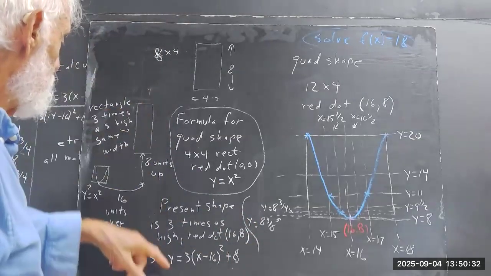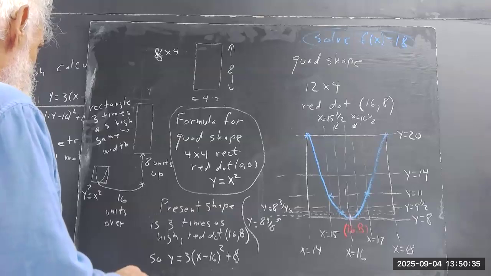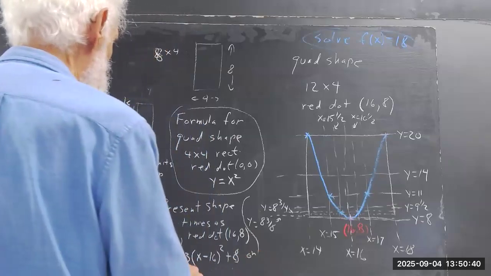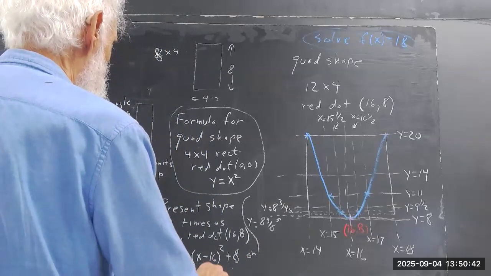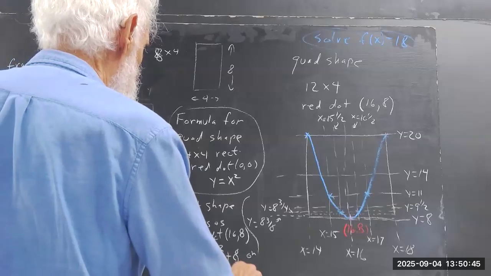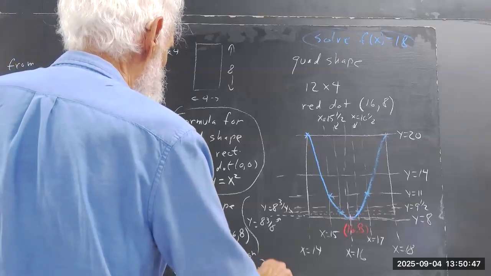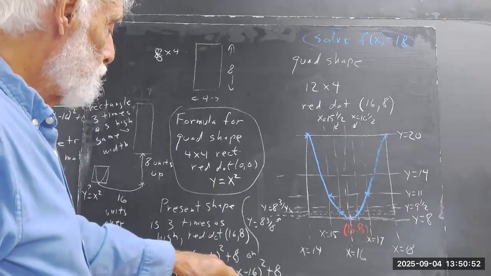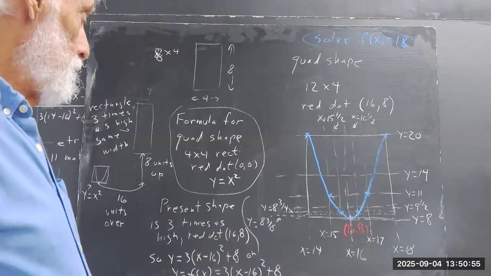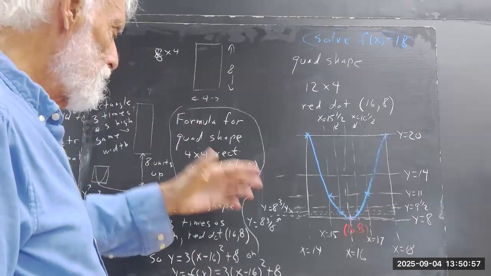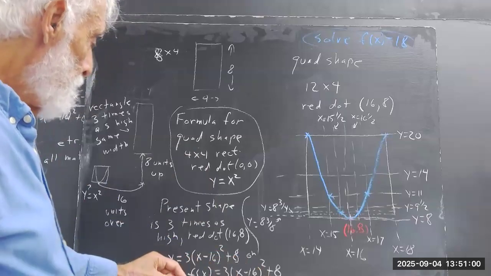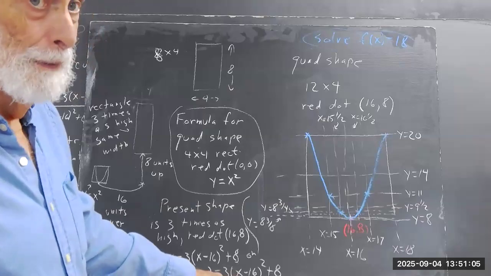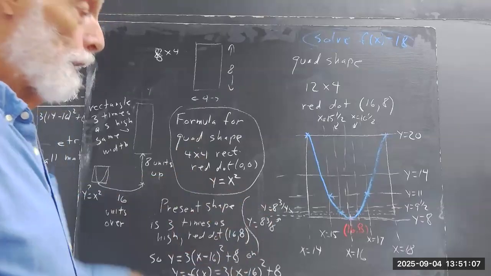Well, your formula is this. Now I can modify this to say y equals f of x, which is 3 times x minus 16 quantity squared plus 8. That means if I plug a number in for x, I plug the number in for x here. It gives me the y value.